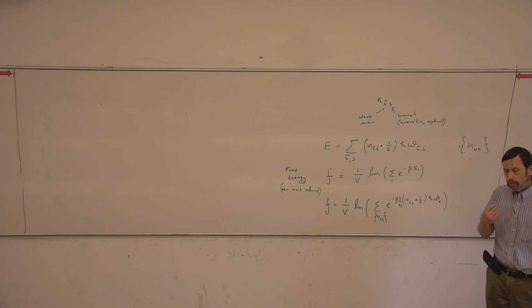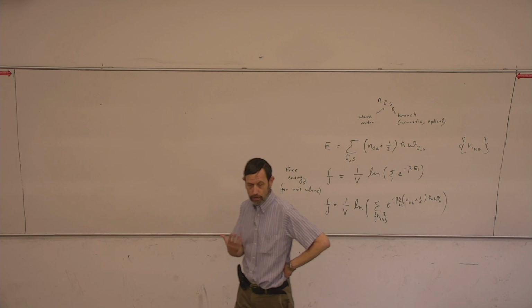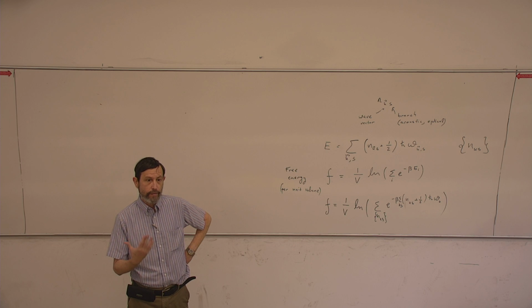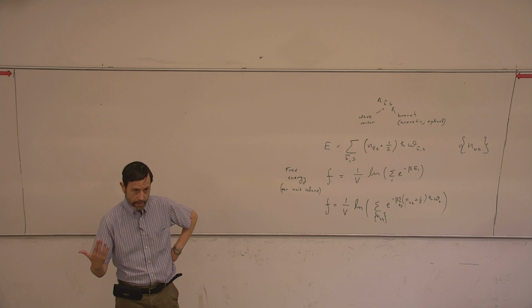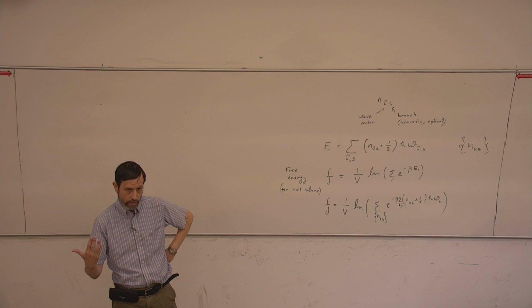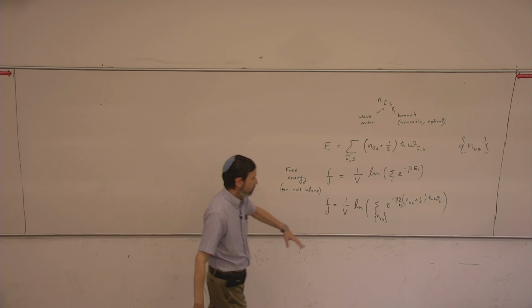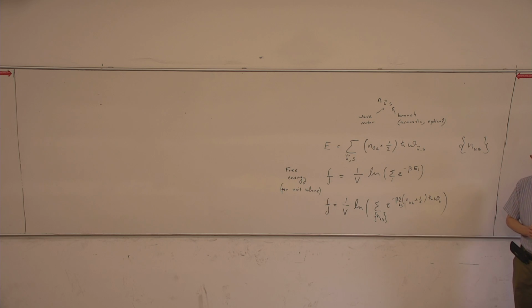When do you treat it with a mu, with a grand canonical ensemble? If you want to have some average number of particles in it. I didn't specify here anything like that.